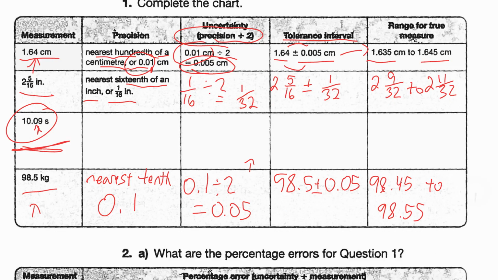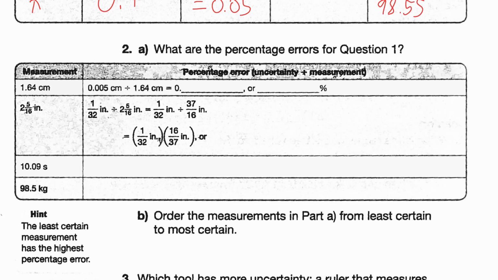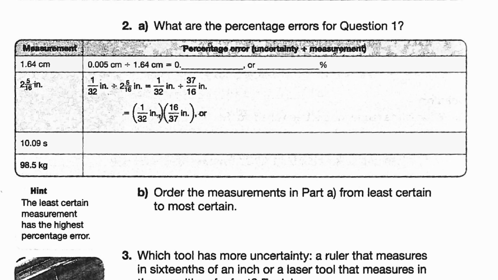Okay, awesome. Moving on. What are the percent errors for question 1? Percent error is just the uncertainty divided by the measurement. So our measurement for that was that divided by that. That was our uncertainty divided by our measurement, which is from here.